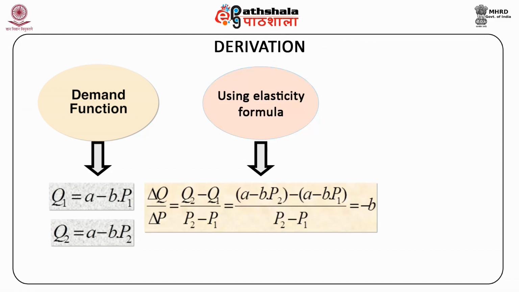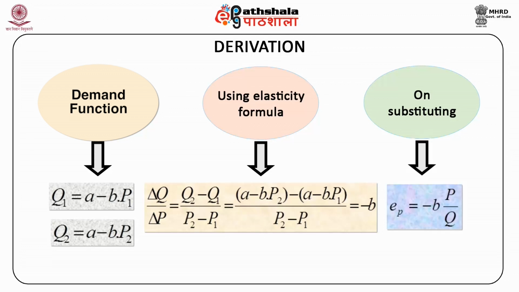Change in Q by change in P is equal to (Q2 minus Q1) divided by (P2 minus P1), which is equal to [(A minus B into P2) minus (A minus B into P1)] divided by (P2 minus P1), which is equal to minus B. By substituting minus B for change in Q by change in P in the elasticity formula, we get EP is equal to minus B into P by Q.